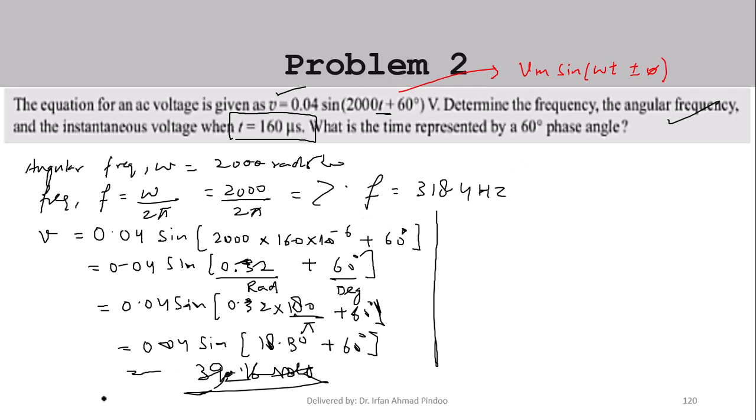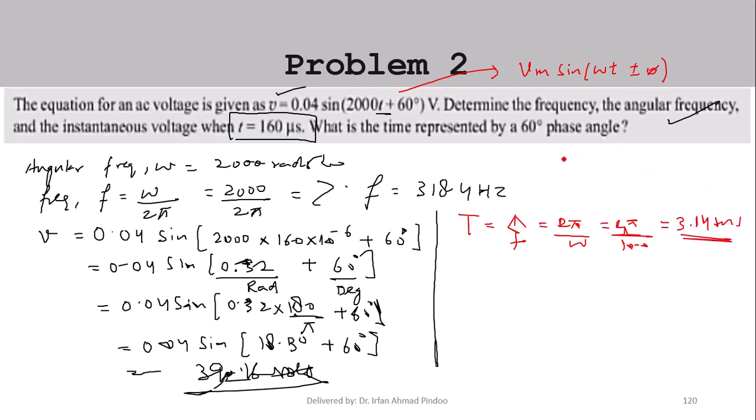To calculate its answer, first of all let us understand what we mean by time period. We will find first of all the time period. Time period is 1 upon f, or it is also equal to 2 pi over omega, which is 2 pi upon 2000. So this value will come out to be 3.14 millisecond.